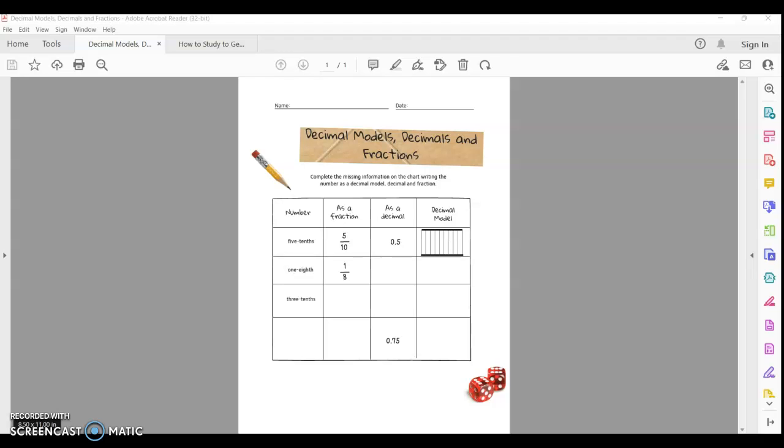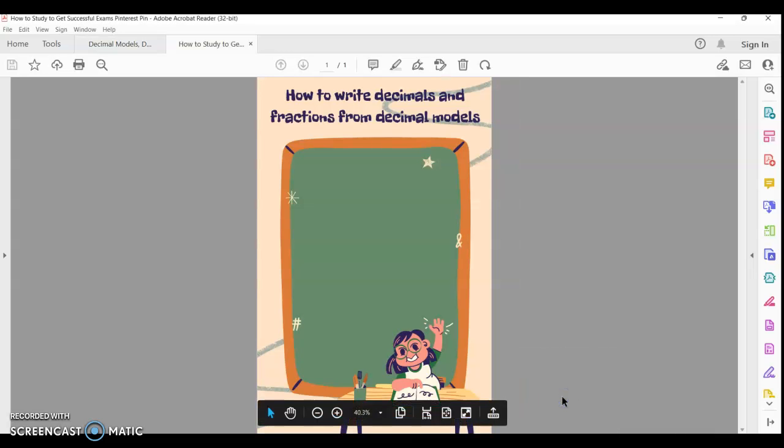In the end, I'm going to ask them to talk to each other, work as partners or independently, and create a list of how to solve these math problems. In the end, I'm going to pull them all together. I'm going to pull up a Canva or a PowerPoint, and I'm going to insert what they come up with.